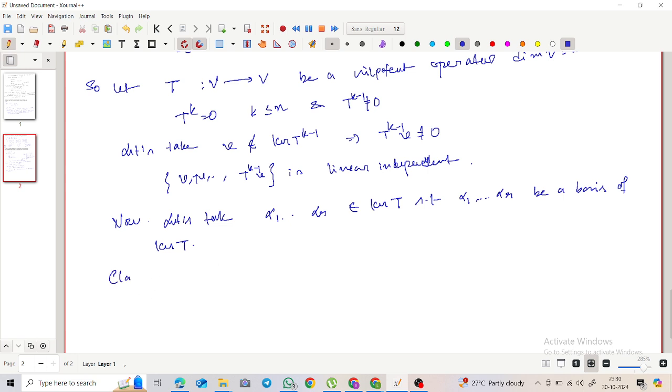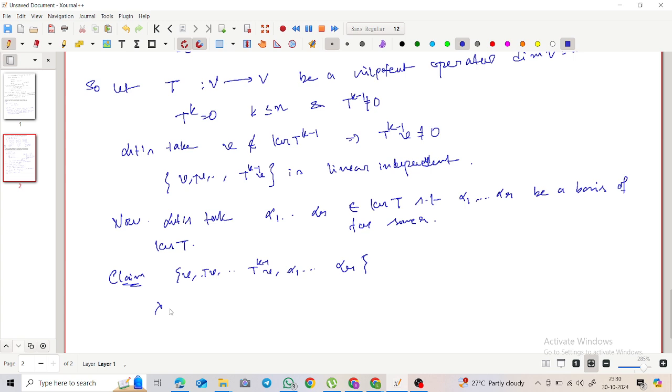So, my claim is that this set is linearly independent: V, TV, up to T^(k-1)V, and alpha 1 to alpha r, for some r here.